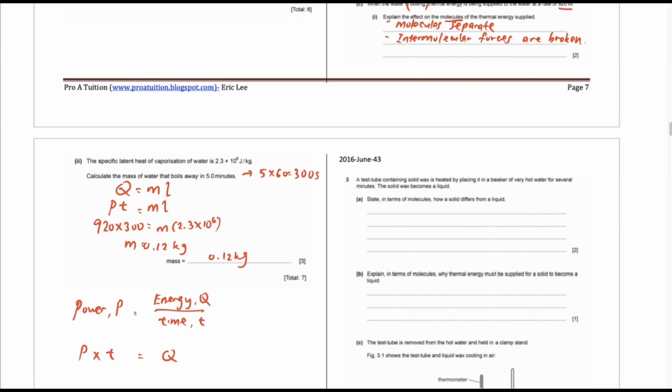So we're using Pt equals ml, because the pans are electric cookers, isn't it? Yes, electric cooker. Then you change the Q to power and time. Okay, sir. So the electric devices always tell us the power, so we can easily get that.